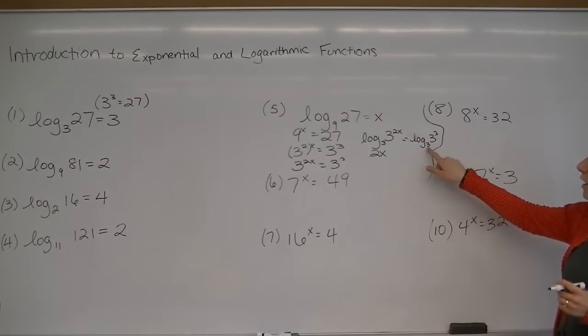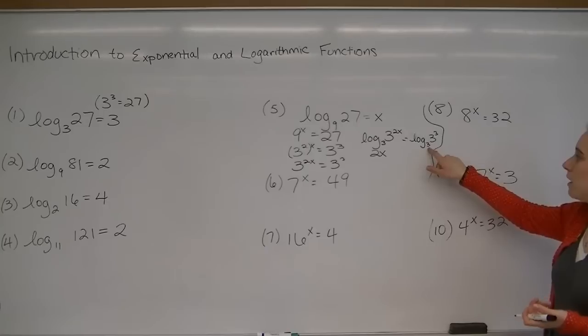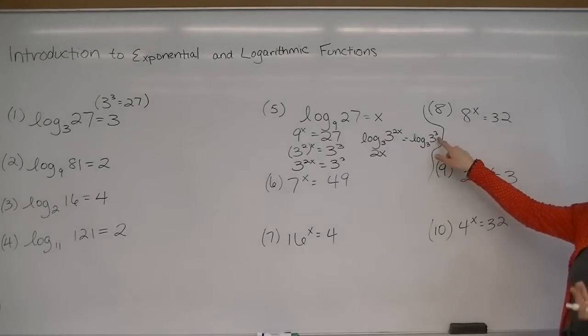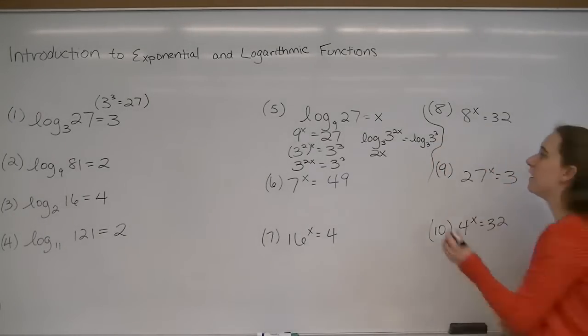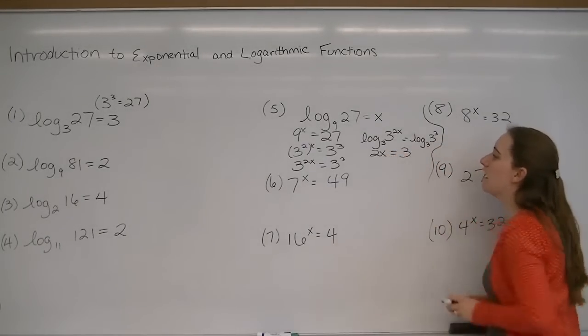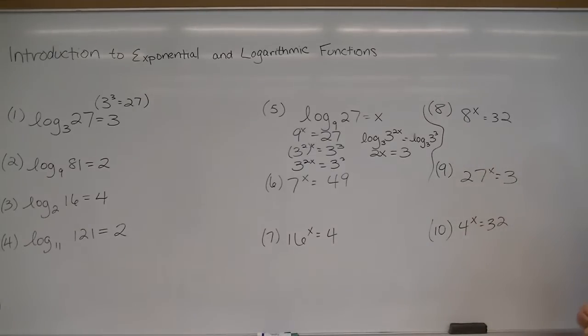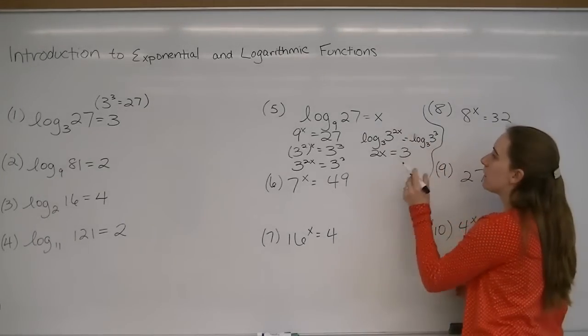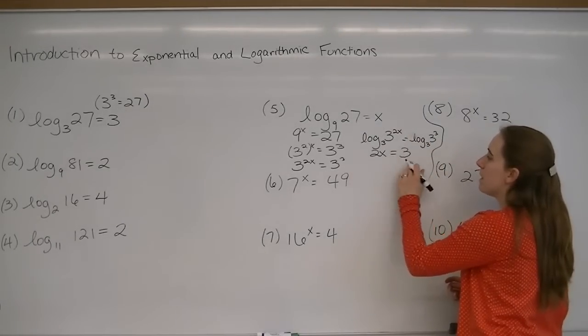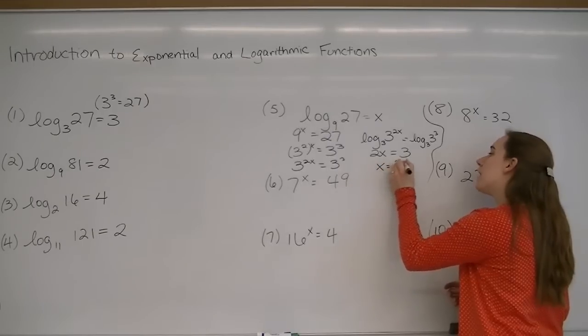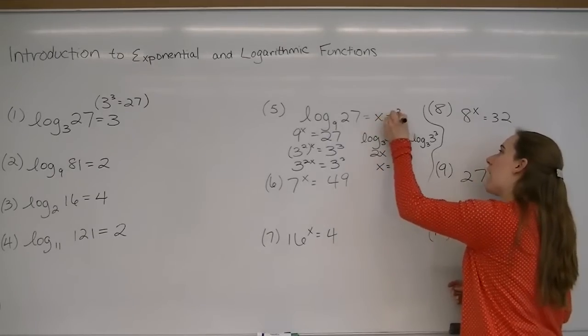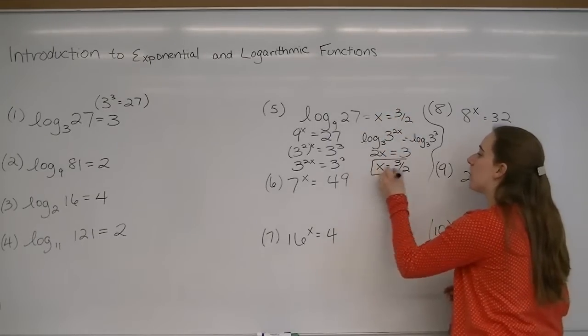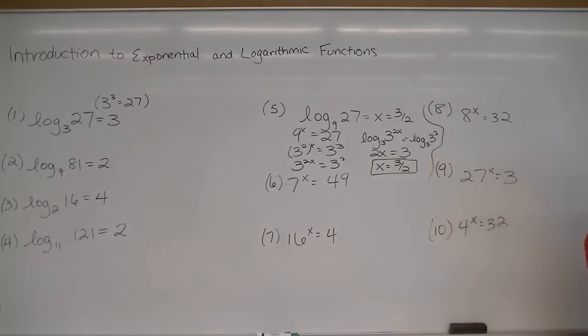Here, I'm trying to think what power of 3 gives me 3 to the third power. Well, we don't have to think too hard about that. It's 3. The only way we're going to get 3 to the third power is by taking the third power. So these two exponents are the same, so we can divide by 2 on both sides. We get that x is equal to 3 halves. So that's the answer to this logarithm here.